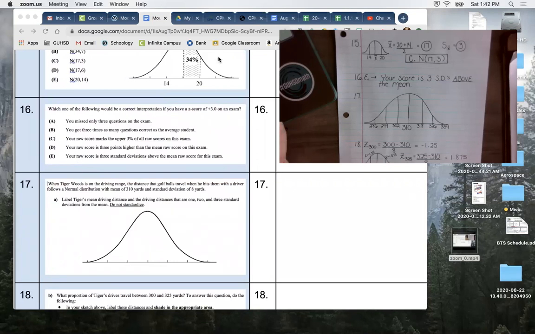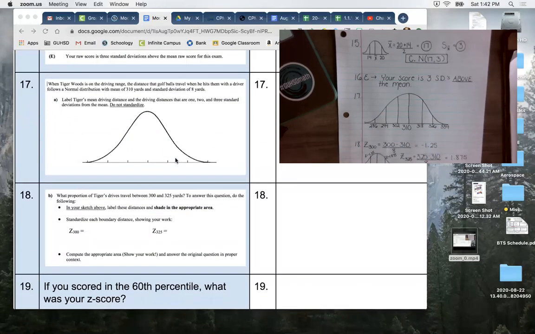Sometimes with a z-score of 3, people start trying to interpret that like 3%, or you're higher than 3%, or you're 3 points higher than the mean, but that is not what that 3 means. In a z-score of +3, it means you are 3 standard deviations above the mean. So the answer to that one was E.